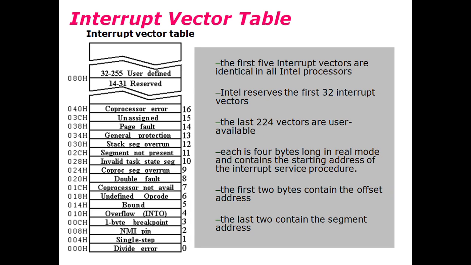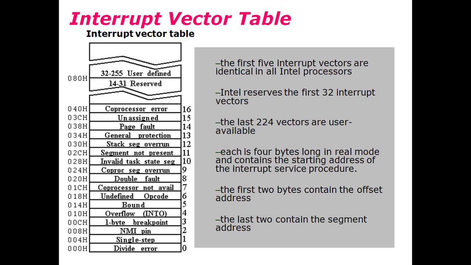So the first 5 interrupt vectors are identical in all Intel processors. So here we have divide error, single step, NMI, the 1-byte breakpoint, which is interrupt 3, and overflow, interrupt 4, and bound, and the rest of the interrupts may change in different members of the family.